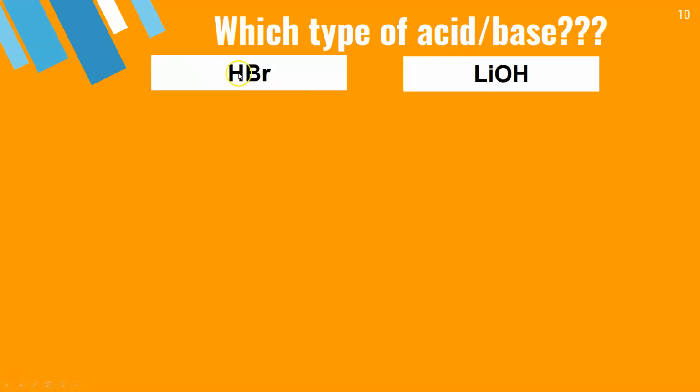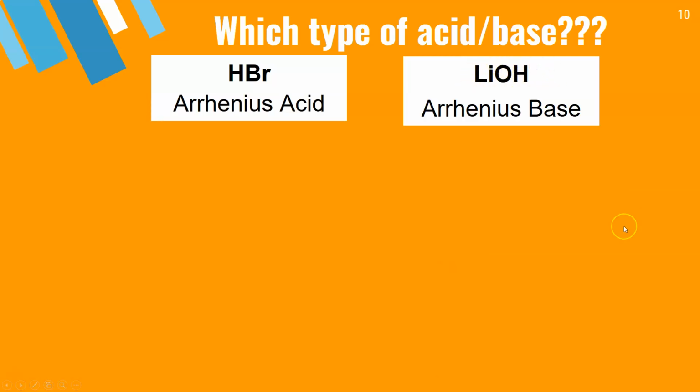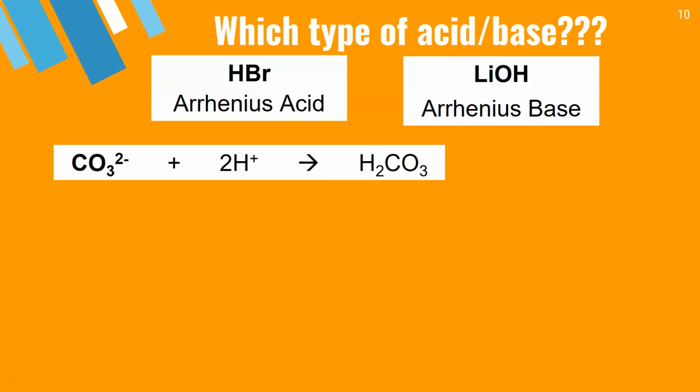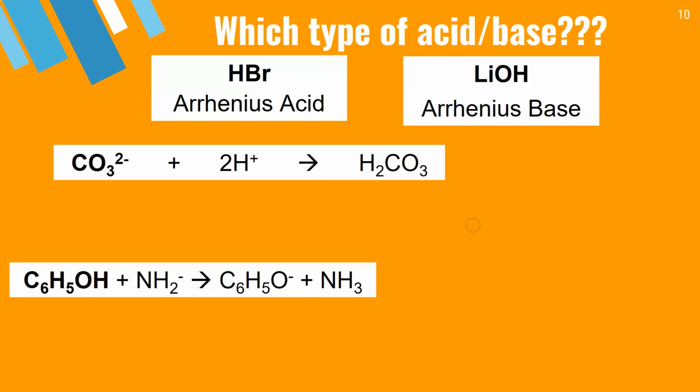Well, I see a hydrogen here that'll come off. That's an Arrhenius acid. I see a hydroxide. That's going to be an Arrhenius base. Now let's compare that to these two examples. Look at the ones that are in bold.